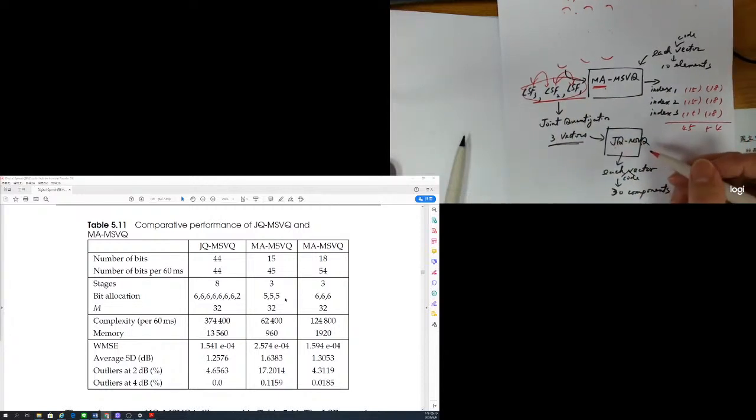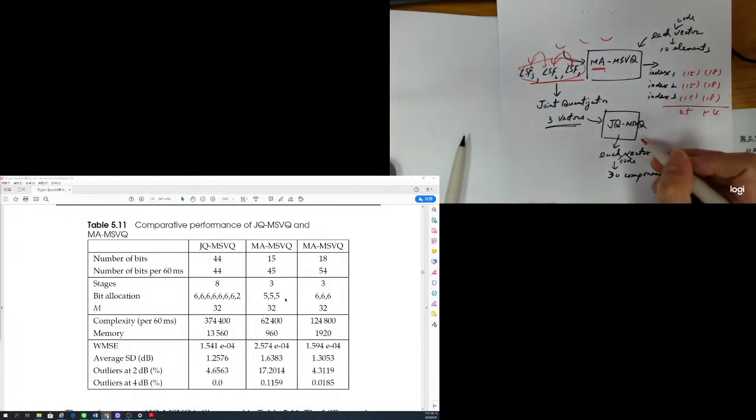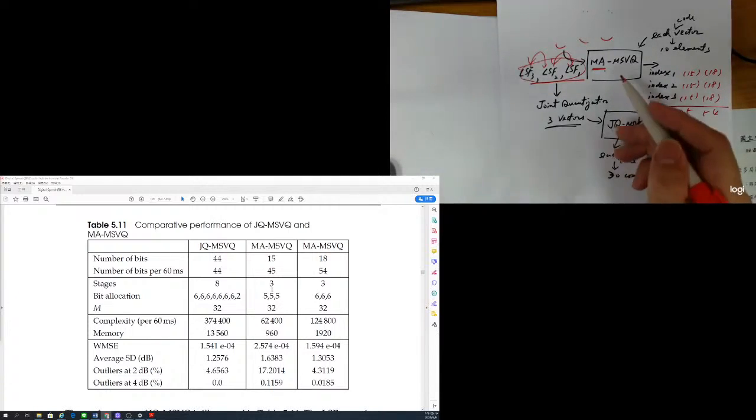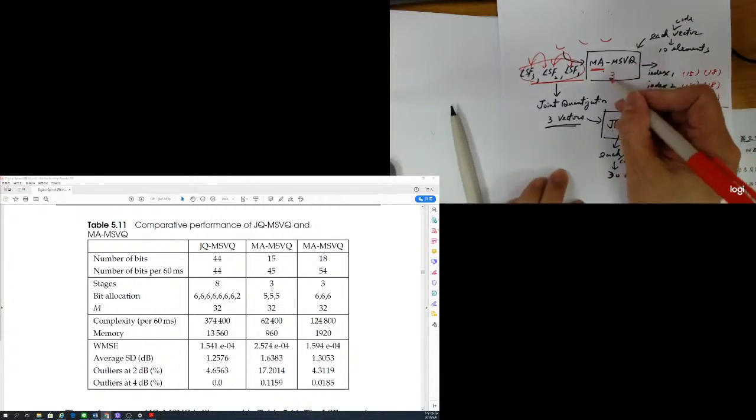According to this kind of multiple stages, they are assigned multiple stages, and the stage is bigger, so they have a big stage allocation. You can see this one has only 3 stages.